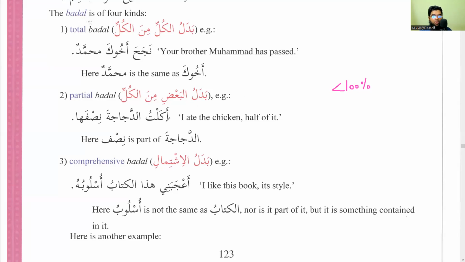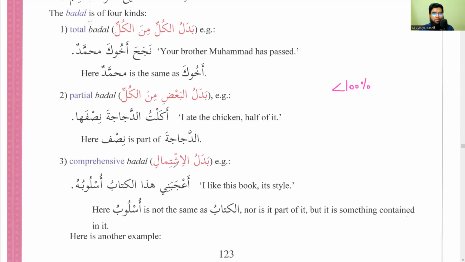So akaltu dajaja, I ate the chicken, but not all of it. Nisfaha, half of it. So here nisf is the badal juz'iyya, that is partial. Ba'd min al kul.